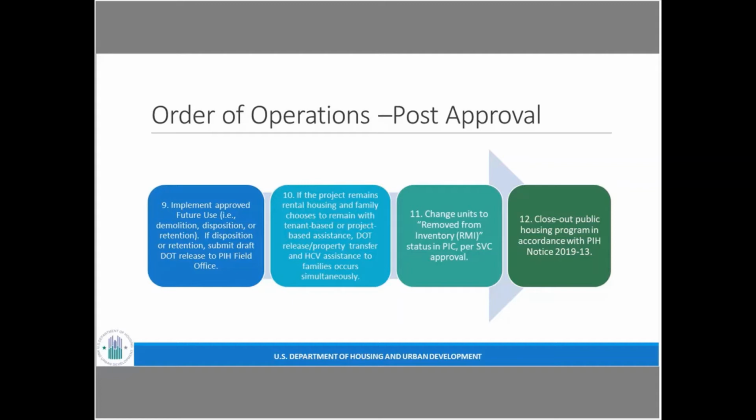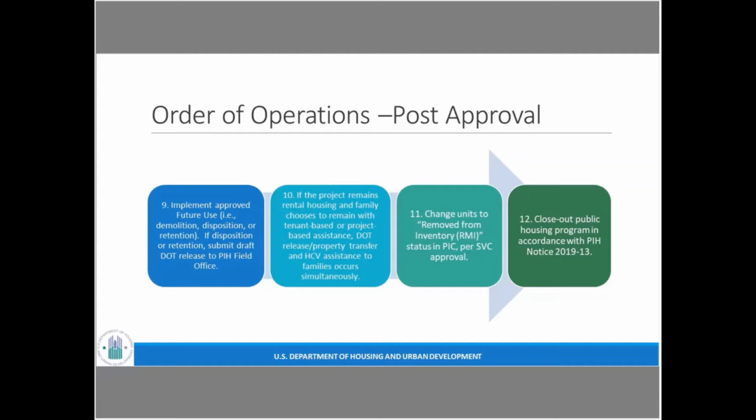in PIC. All the families will be EOP'd out of public housing and moved into the 50058 and the HCV program simultaneously, if the property will stay as affordable and the families will stay there with their HCV assistance.